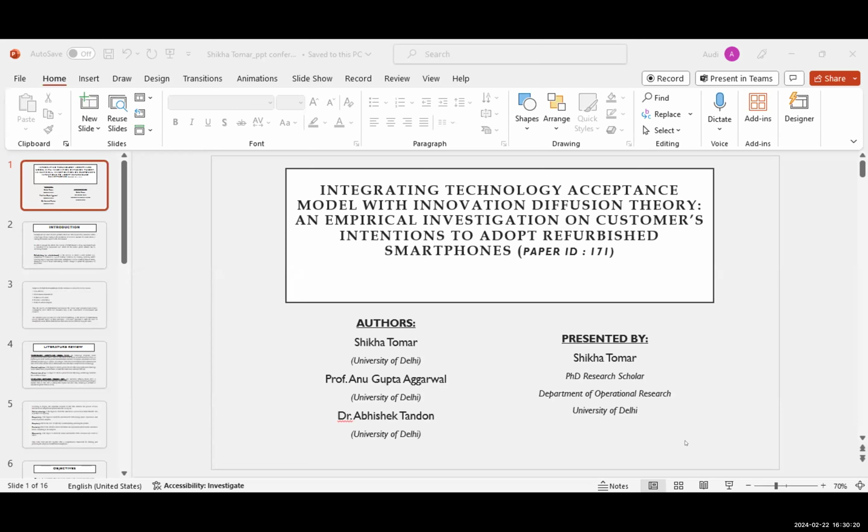So my name is Shikha Tomar and today I am going to present the paper titled Integrating Technology Acceptance Model with Innovation Diffusion Theory: an empirical investigation on customers' intentions to adopt refurbished smartphones.